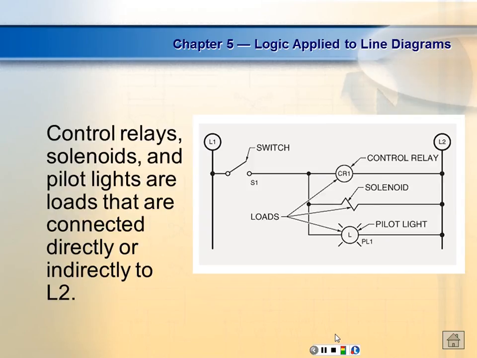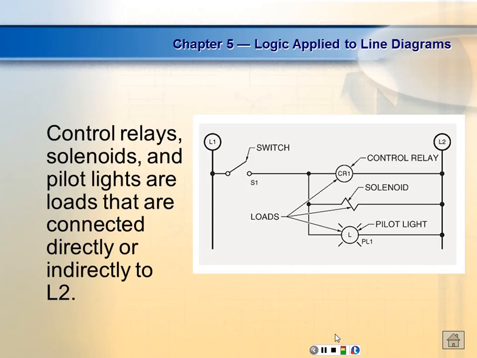Control relays, solenoids, and pilot lights are loads that are connected directly or indirectly to L2. So we've got to connect them. Normally what we do is connect one side to L2, and the other side is going to be fed by our control devices.